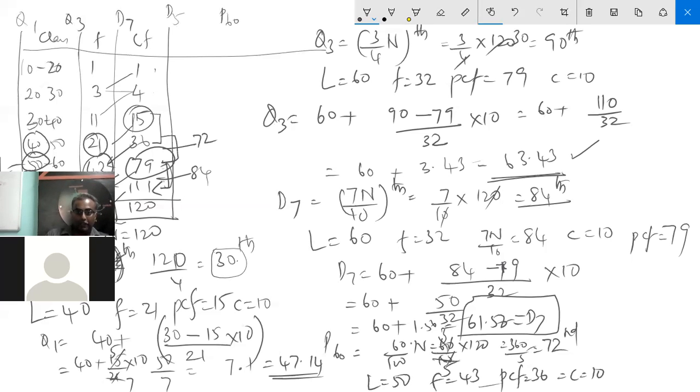Okay. Now what you have to do? P60 is equal to 50 plus 72 minus PCF 36, divided by 43 into 10. 72 minus 36 is 36, into 10, divided by 43. So P60 is equal to 50 plus 360 by 43.